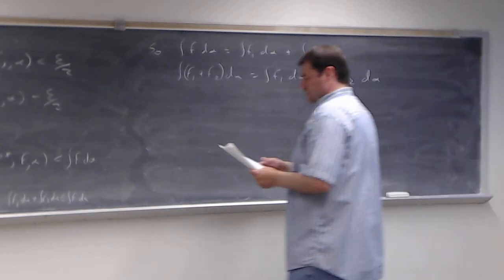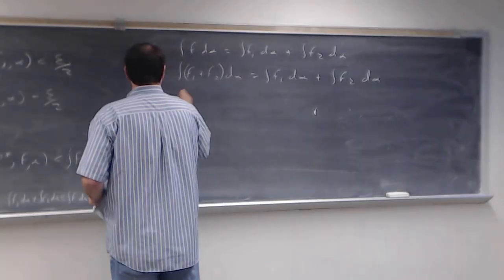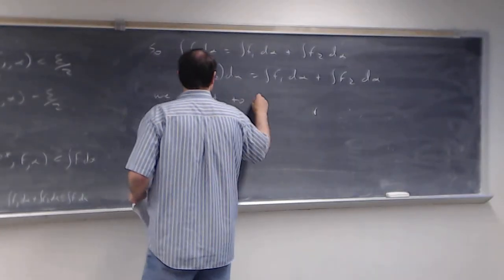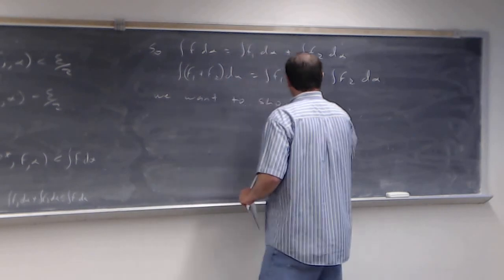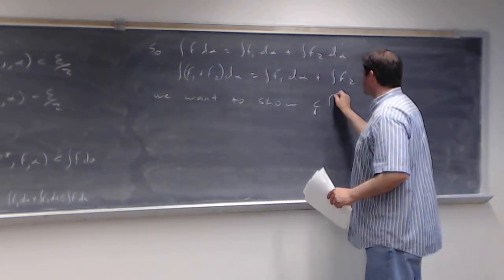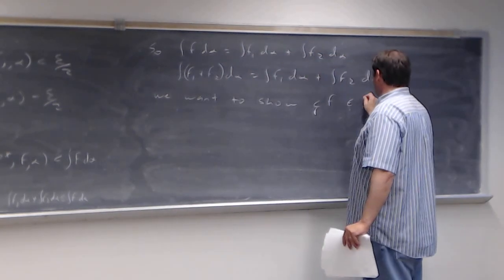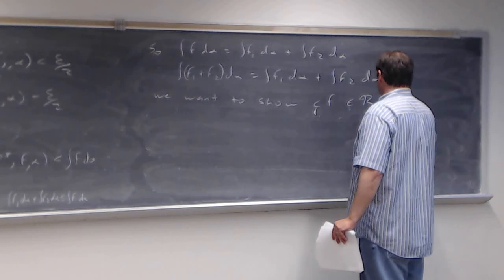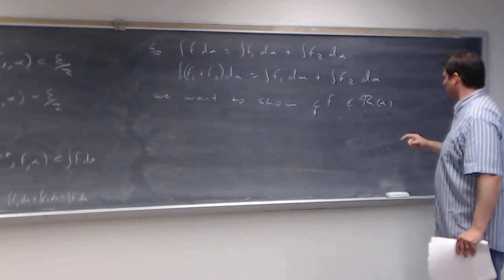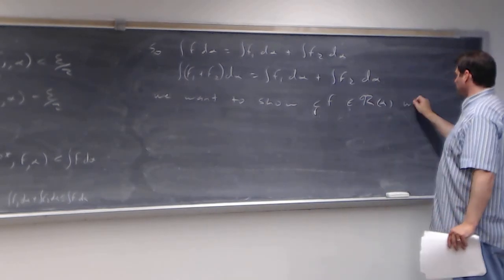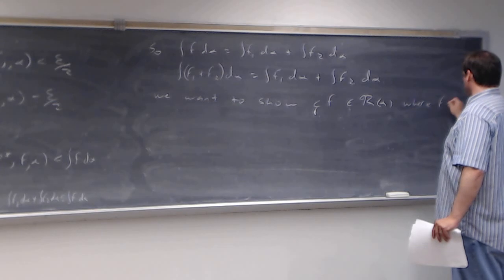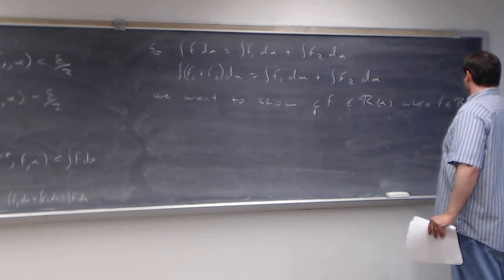What we want to do next is we want to show that C times f, is an element of the Riemann-Stieltjes integrable functions with respect to alpha, where f is Riemann-Stieltjes integrable.